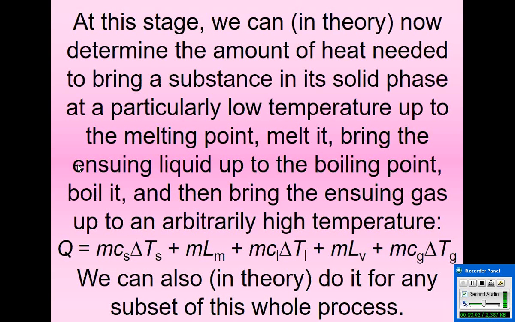We then add heat to it, and we increase the temperature of the ice until we get to the melting point. We use mcΔT for that. We then have to actually melt it, and that's where we have the latent heat. The formula for the heat involved in a phase transition is mL. So you'll see mL subscript M added on to the first term.